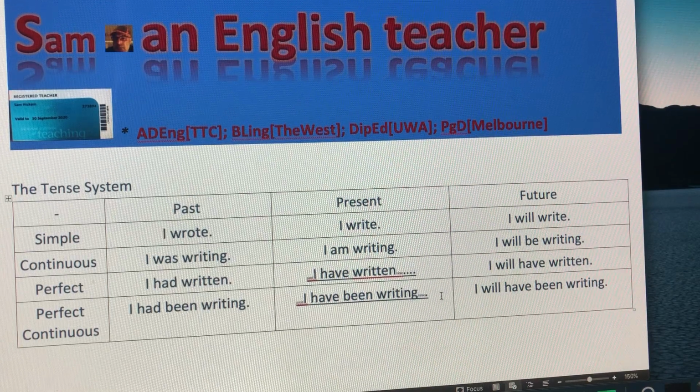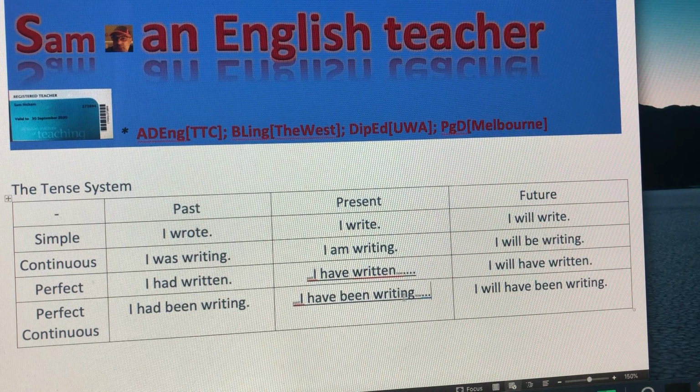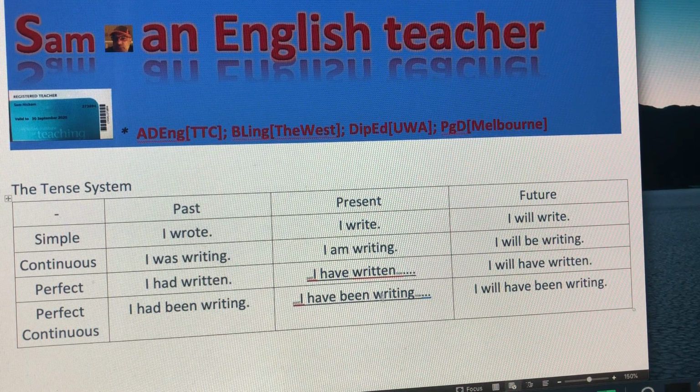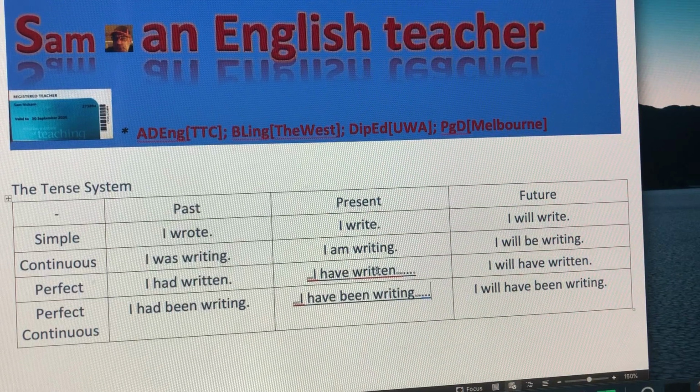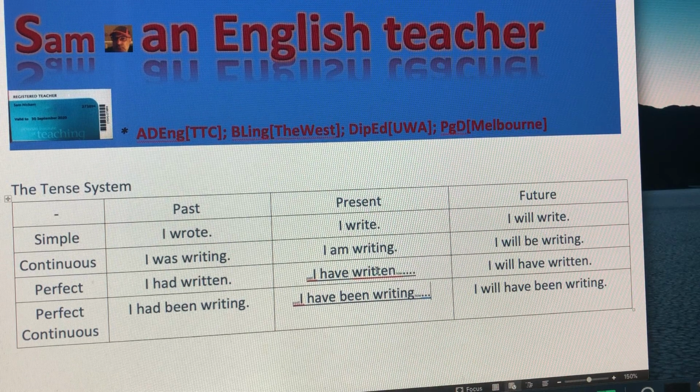It may continue in the future, but what is the difference? This one was continuously done over a period of time. This one, maybe I wrote a chapter of my book last year, but then for whatever reason I couldn't get back to writing the book.